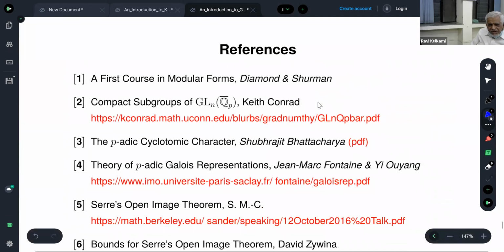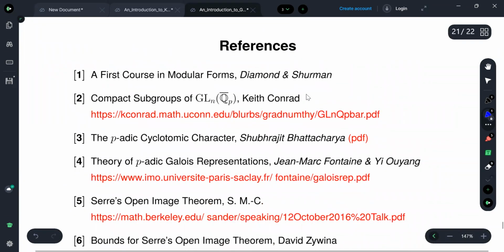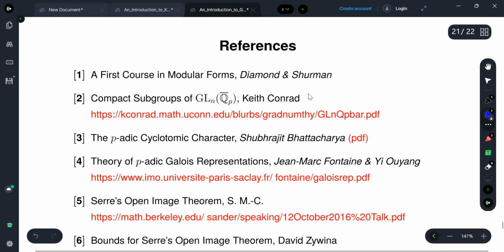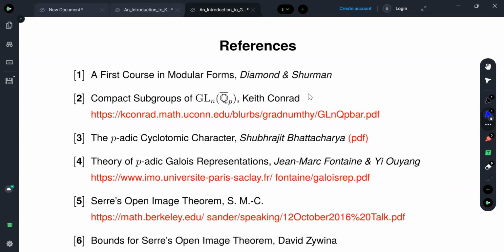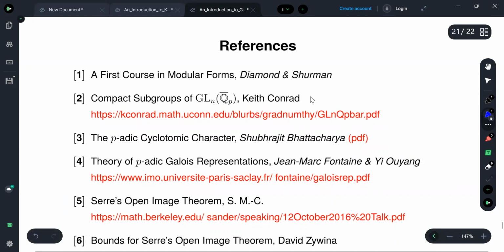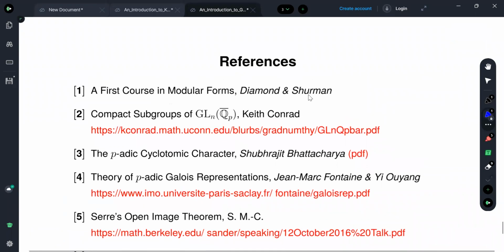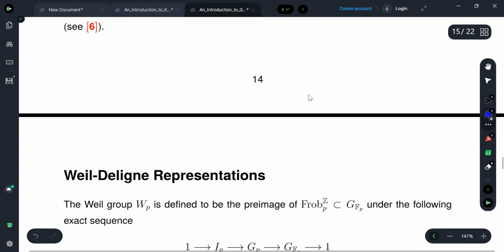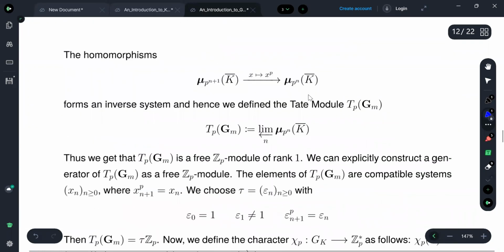It is just a 3-page expository article. This theorem is well known, but it is not very well written in any book, so he just wrote it and put it up on his web page. It's just a 3-page proof, simple p-adic analysis.